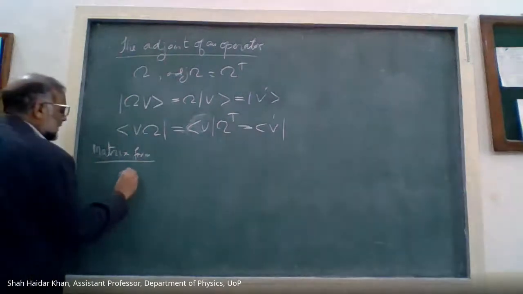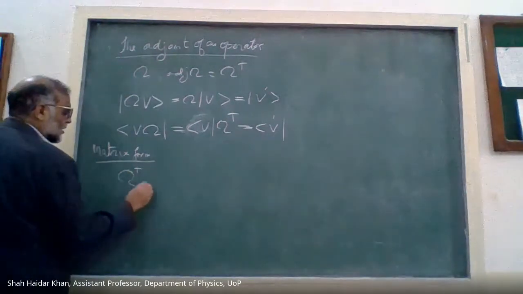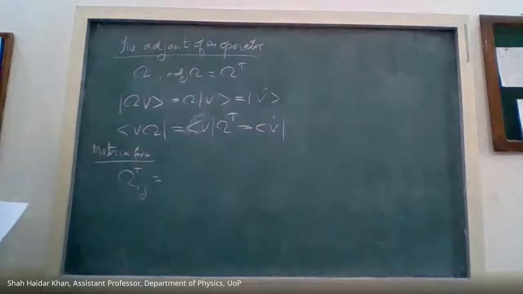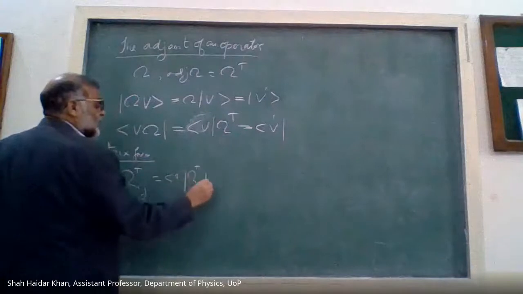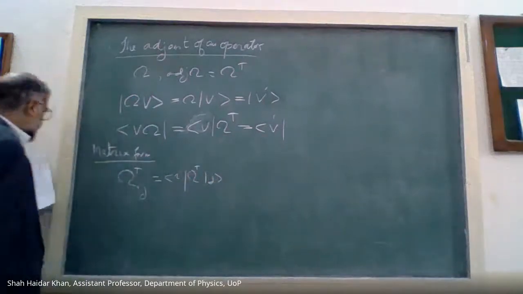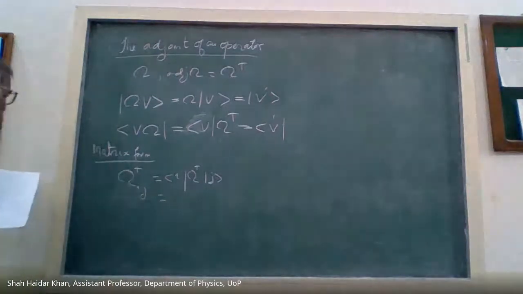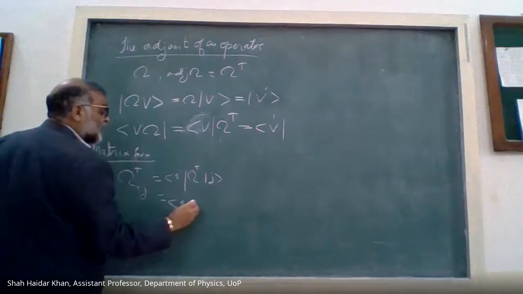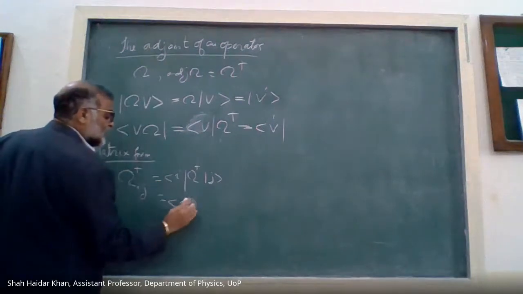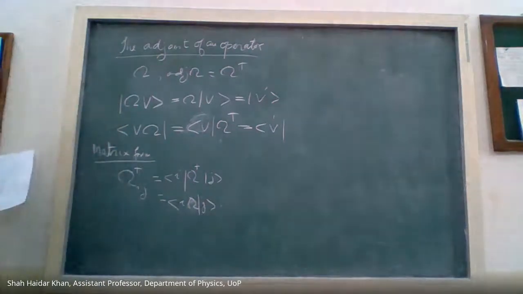So we can write omega dagger ij is equal to bra i omega dagger ket j. That is the matrix element, right? And that is equal to, this dagger acts on the bra and can come inside, to j. Right?